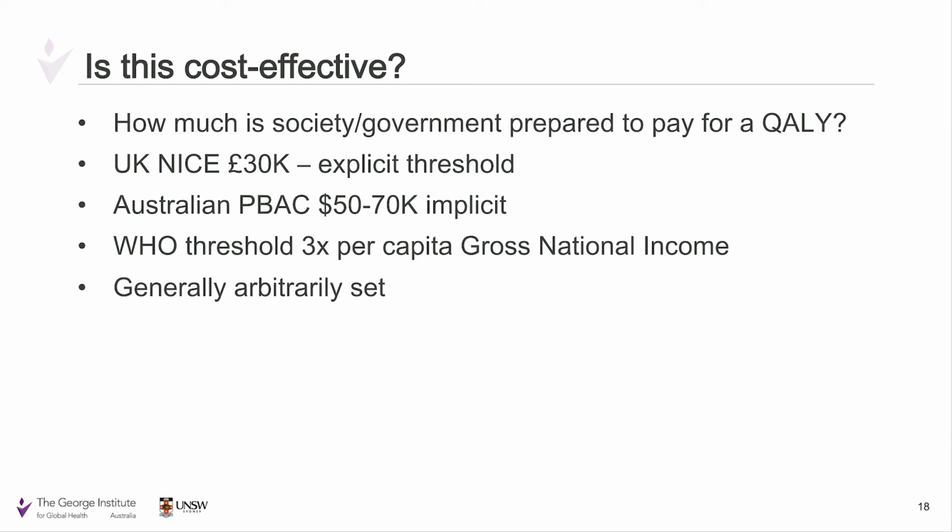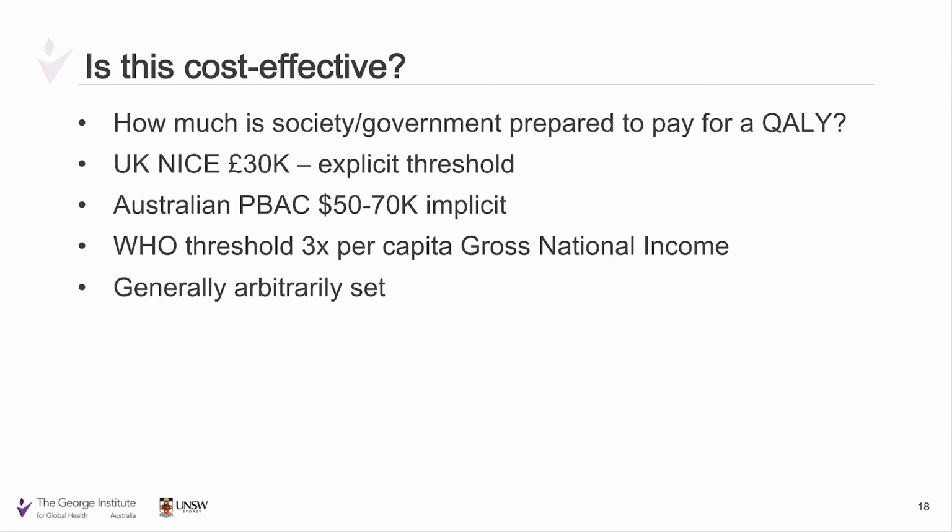In Australia, we don't have an explicit threshold. We have something that's been implicitly derived from decisions previously made by government. Generally speaking, the threshold falls in the vicinity of $50,000 to $70,000 per quality adjusted life year gained. So anything below that is cost effective, anything above that is generally not cost effective.